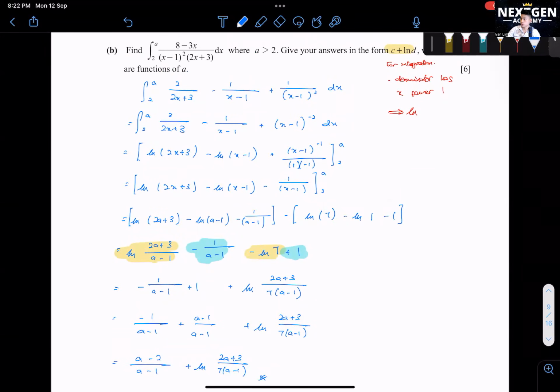Any question on this one? If your ln 7 is separated out, you put it as ln 2a plus 3, then plus minus ln 7. Is that how you write? Minus 1 mark, because you didn't present it in the form that they want.